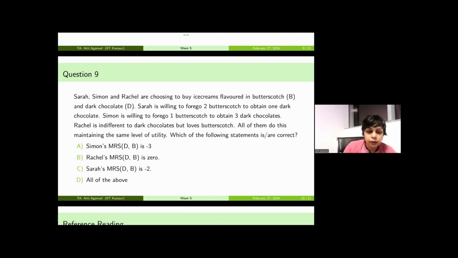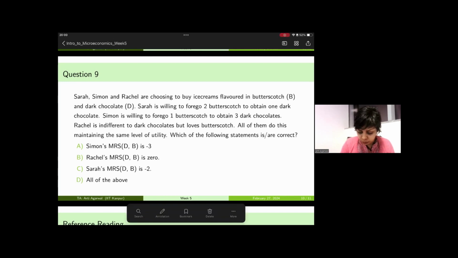And in the meantime, if you have any other conceptual doubts or questions, you can post it in the discussion forum. Okay, so let's end it here. Yeah, stop the screen share. Yes, so if there is any other doubt you have, please post it in the discussion forum.